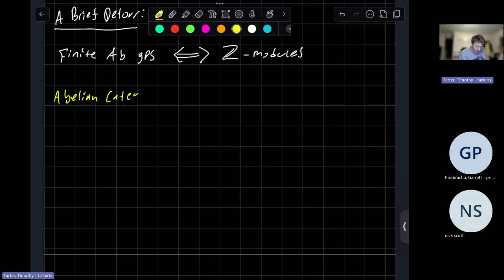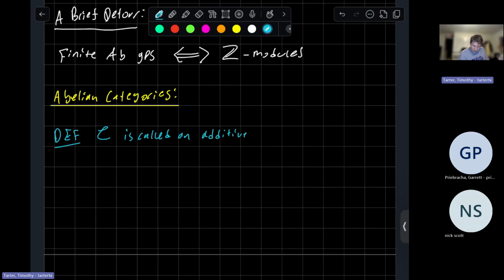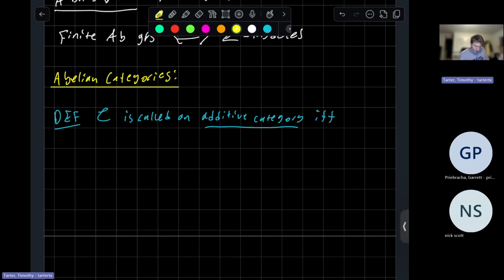So, abelian categories. Definition: script C is called an additive category if and only if we satisfy the following three properties.